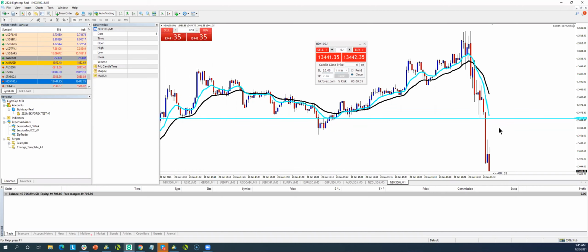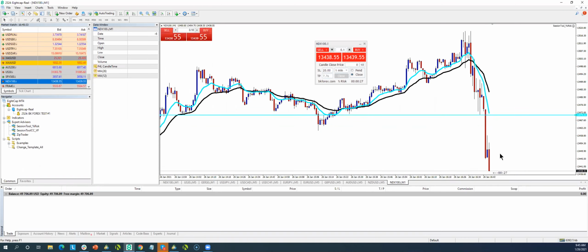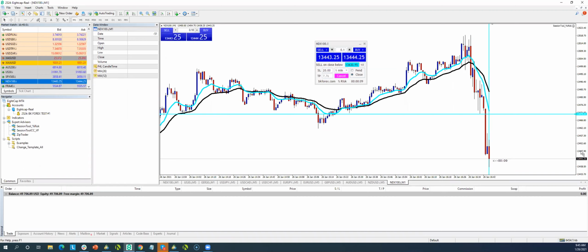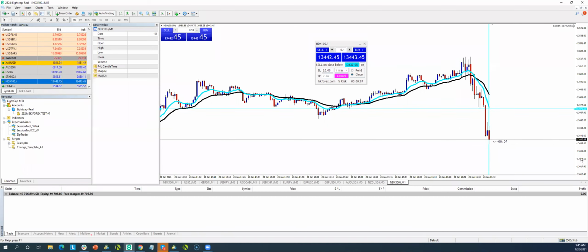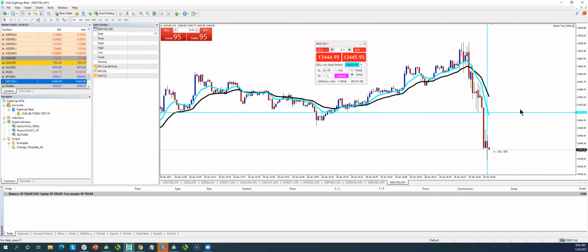This now breaks fresh lows again. Let me see if I can sell this. I'm trying to. What's going on here? Why is this sell close at 34 price?